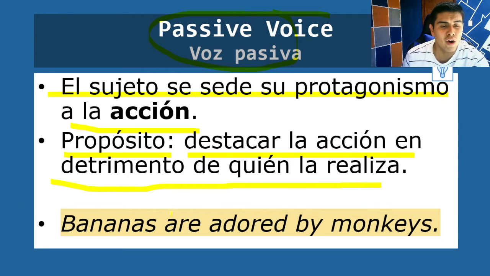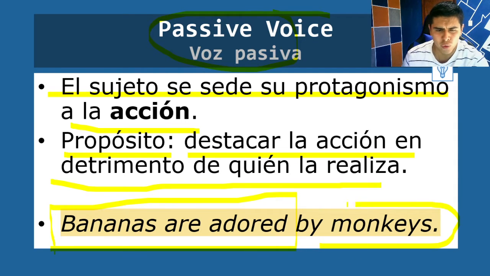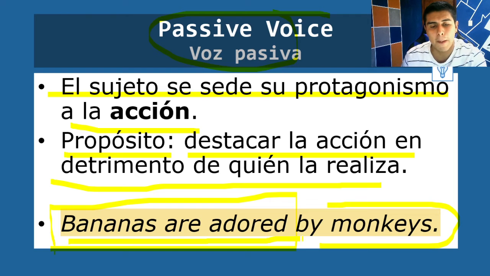So, now we're going to be focusing more on this part, esta parte, than on who is performing the action. So, for instance, bananas are adored by monkeys. And the translation for that into Spanish would be las bananas son adoradas por los monos.